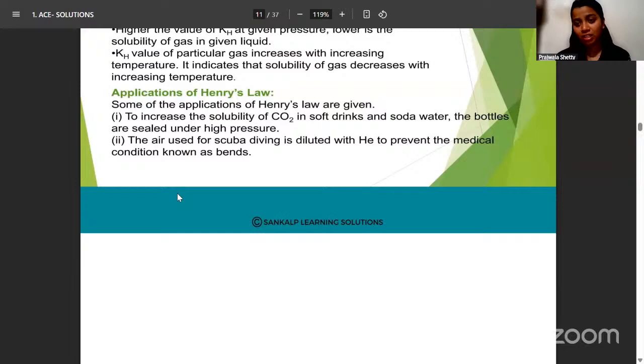So this is the point where Henry's law is applied. Henry's law is applicable in soft drinks or soda water, where they seal them under high pressure to increase carbon dioxide.